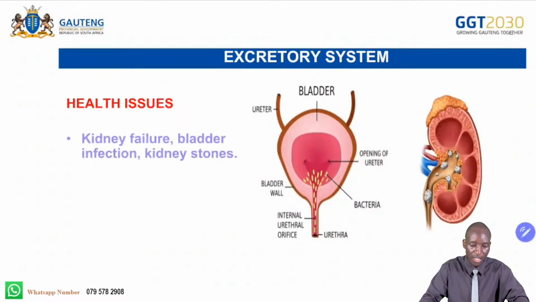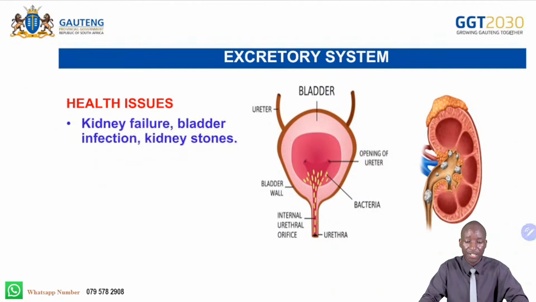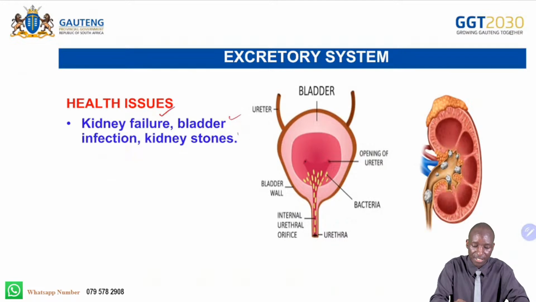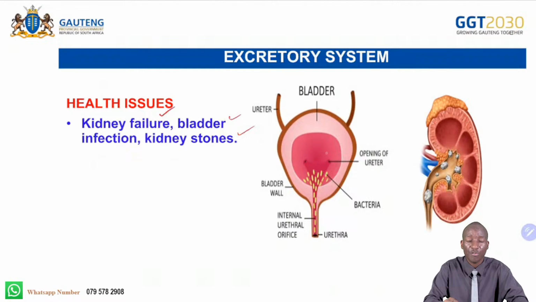Health issues to do with the excretory system: we've got kidney failure, bladder infection, and kidney stones. There is our bladder being shown there, then this one is the opening of the ureter.